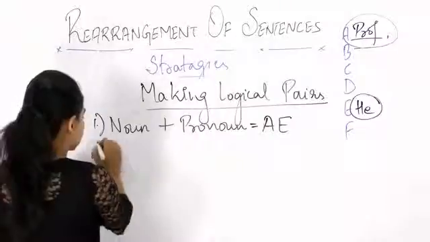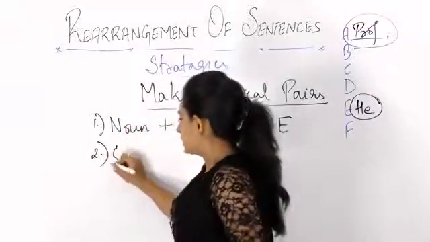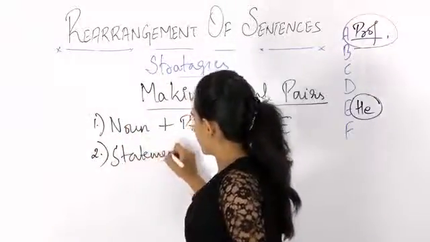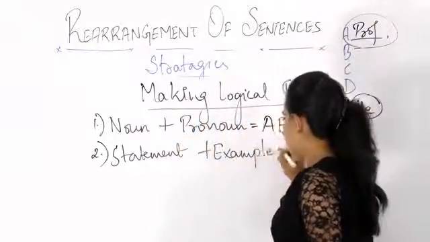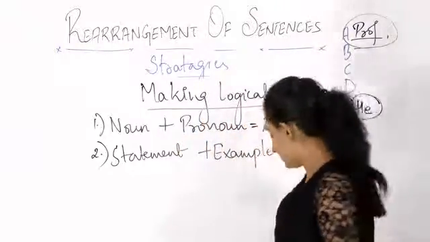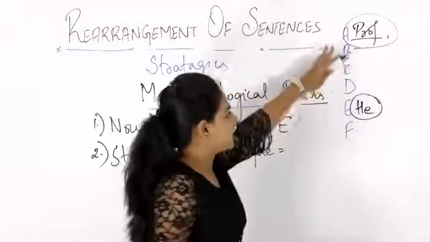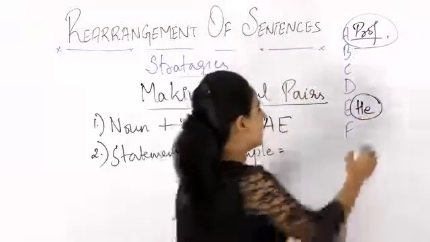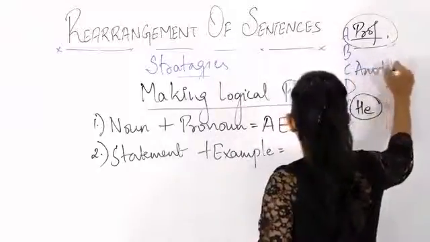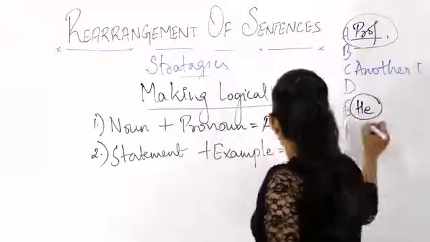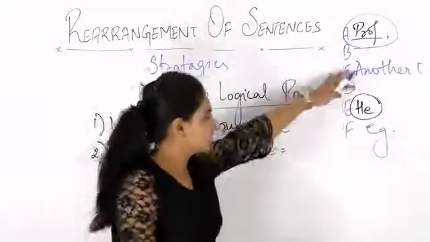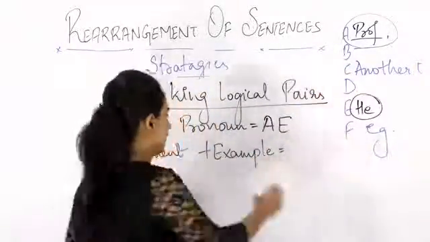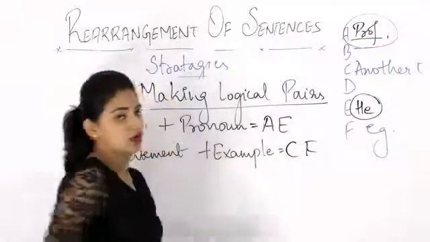Next rule says if we have a statement and an example given, what will we do? We will place them together. For example, if we have another professor given in C and we have his example given in F, we very well know that C will be placed with F. So we will place C and F together.